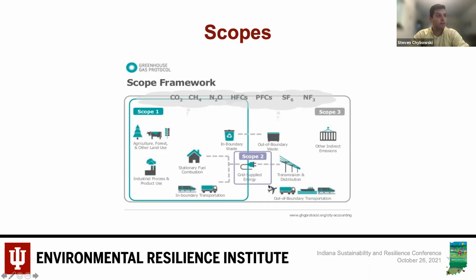Scope 2 is the grid supplied electricity that your community is purchasing. And then scope 3 is all other indirect emissions. It could be some out of boundary transportation that you want to take into account. It could be the waste that you're shipping outside of your community. So anything else that's not happening directly within your community would fall under scope 3 emissions.